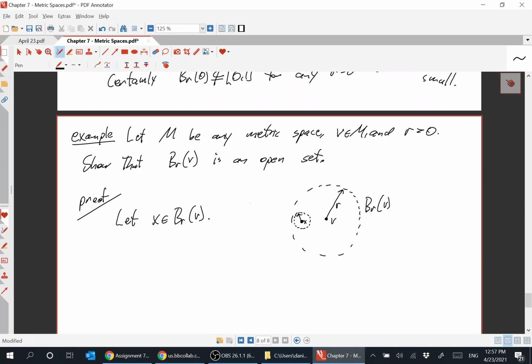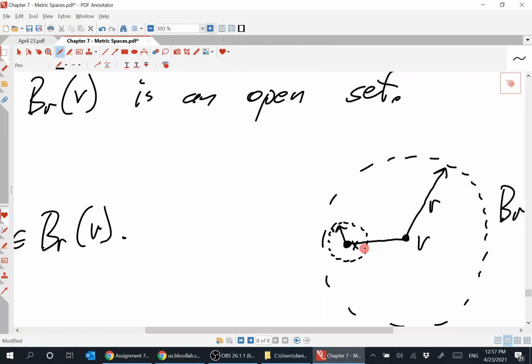Since I have element x and element v, I've also got the distance from x to v. So why don't we add that in to our little picture?